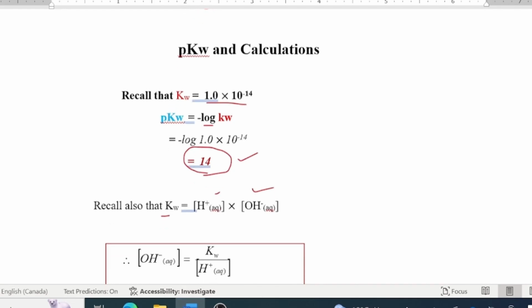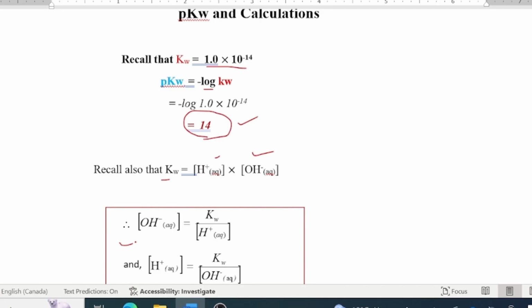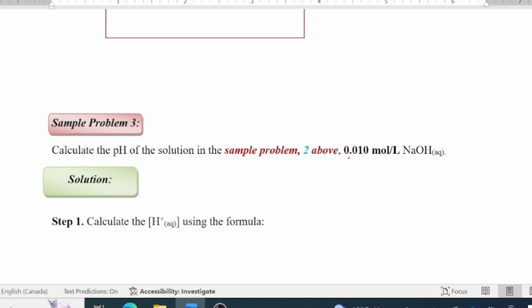And again, we can find what OH is. In the question before, they asked you to find the pOH for this. Now they're asking you to calculate the pH of this very solution. All right, you see how you do that. So we found the pOH of that to be 2.